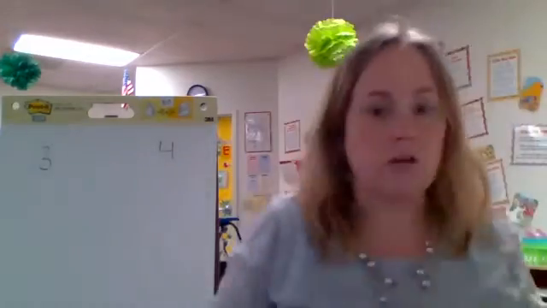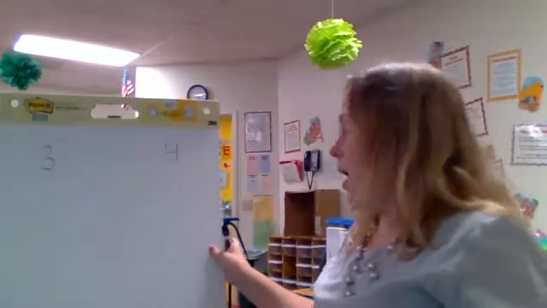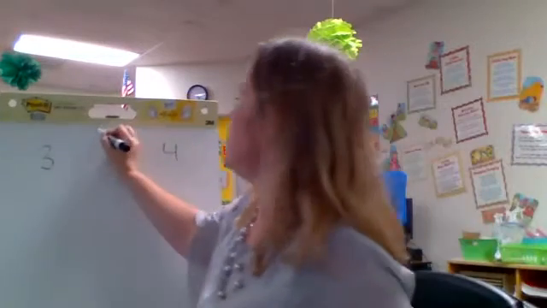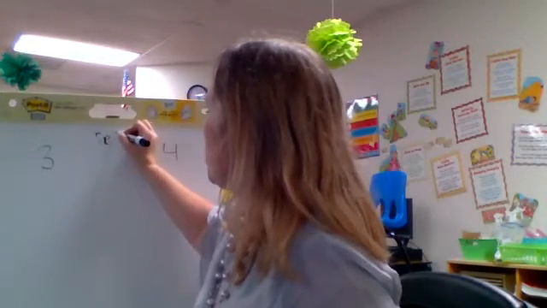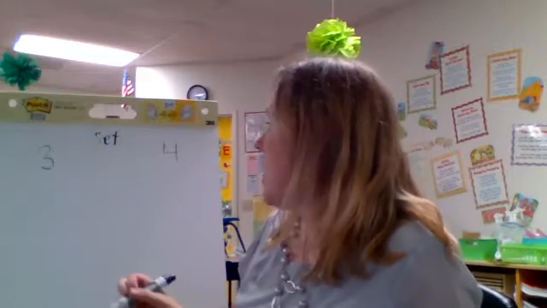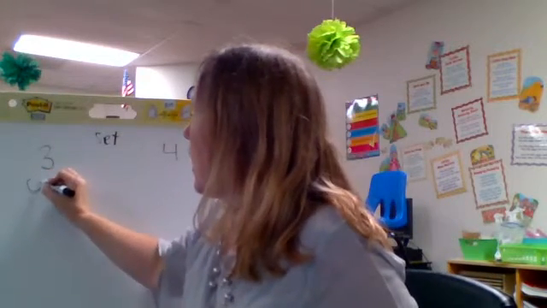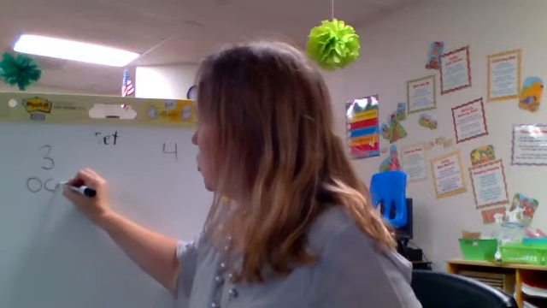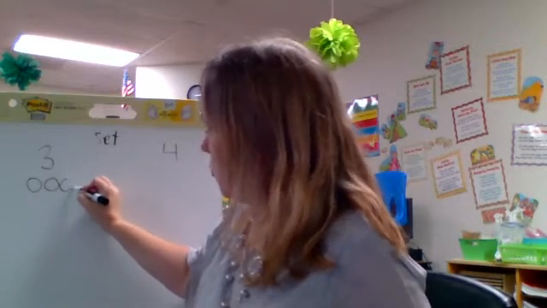So I'm going to come over here to my easel, and I'm going to draw a set. Remember, a set is just a group of objects. So the first thing I'm going to do is draw a set of 3. 1, 2, 3.